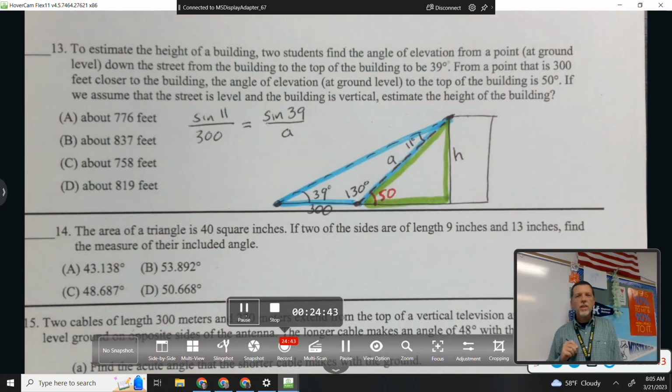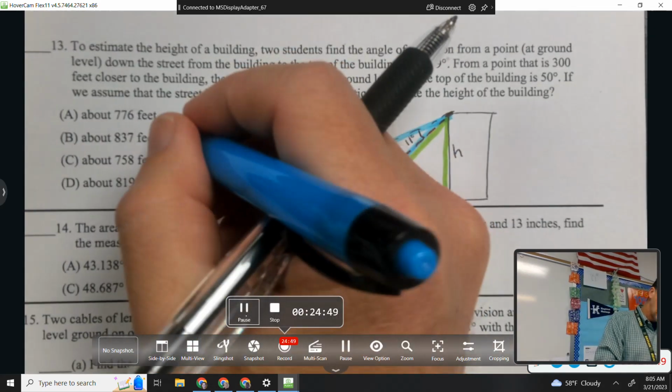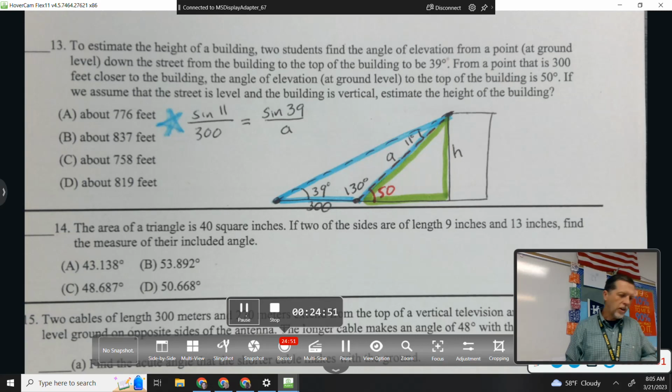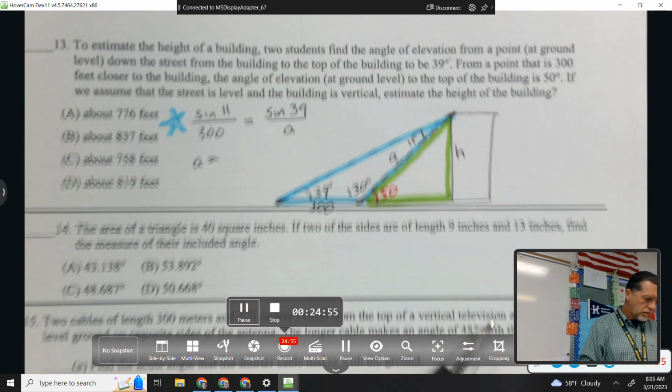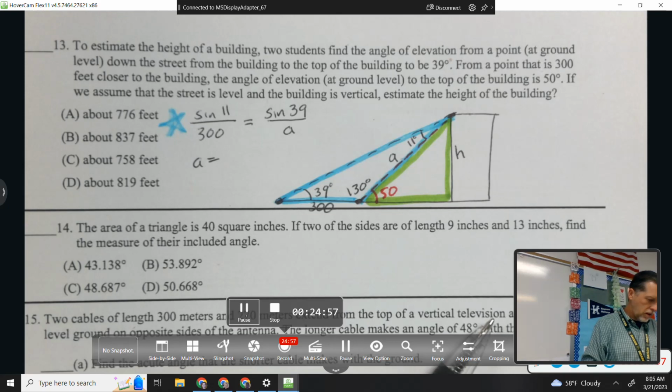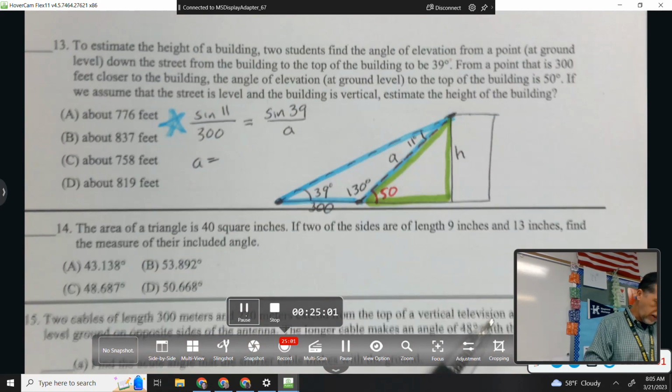So then I'll know A, and then I can use that in the green triangle. So here's my blue triangle information. A equals 300 sine 39 divided by sine 11.